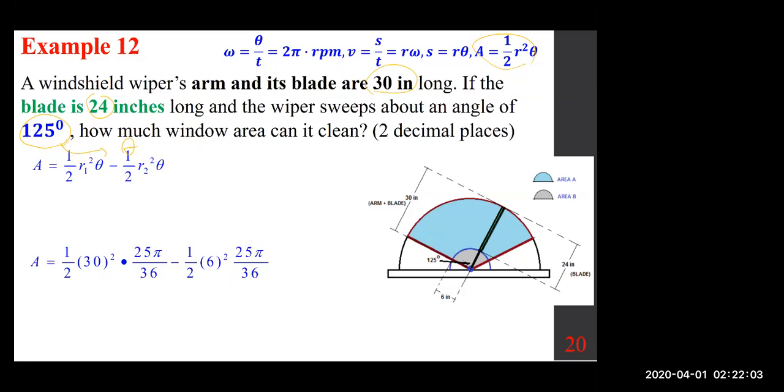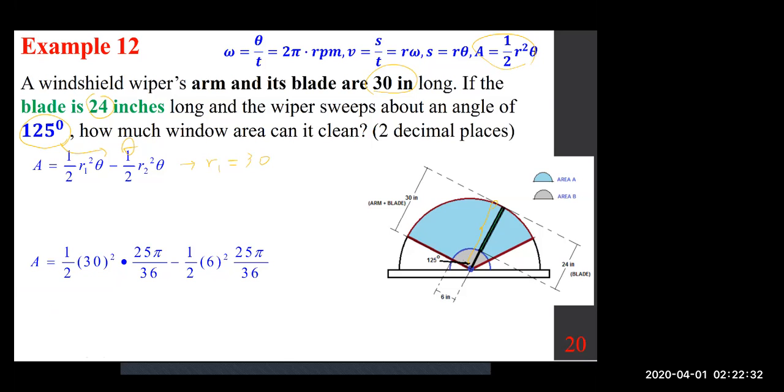Okay, the order here is not right, so I'm gonna quickly show you what I have in mind. R1, everybody, is 30, which is this distance. Let me use a different color, it's easier to see.